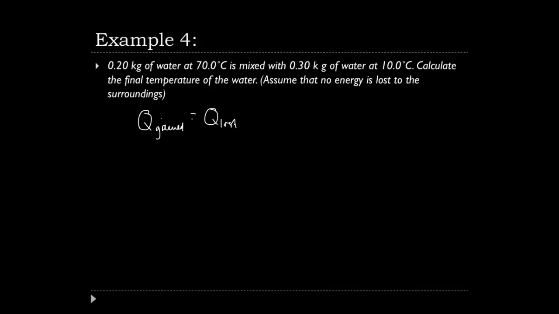If we say m hot, c hot, delta T hot, it's got to be equal to m cold, c cold, delta T cold. However, one of them is a gain and one of them is a loss, so we have to make one of them negative. Let's say the one that drops, that loses temperature, is going to have a negative heat.